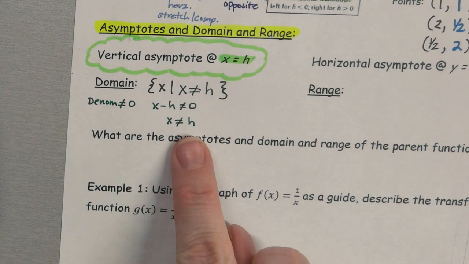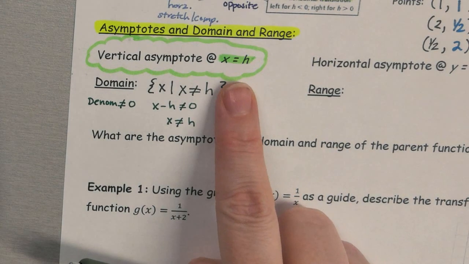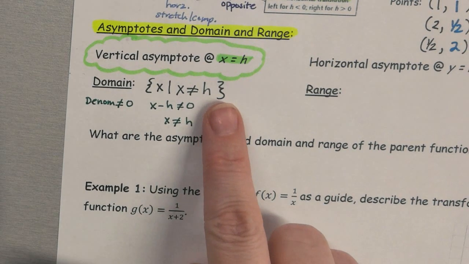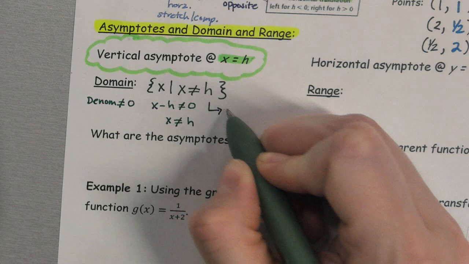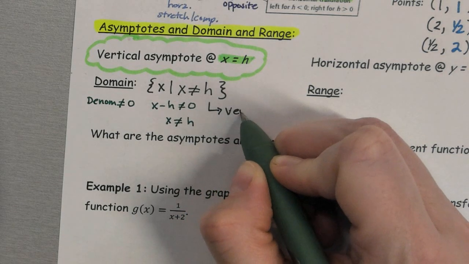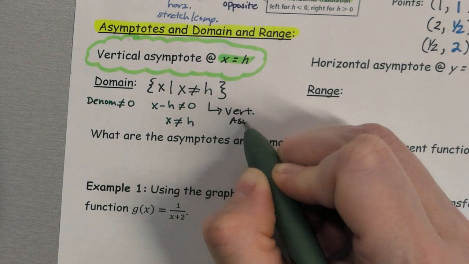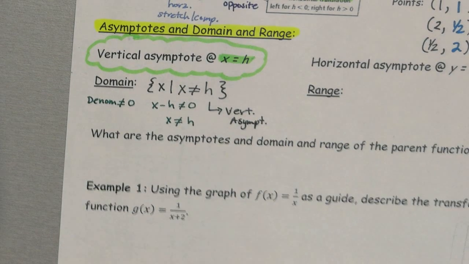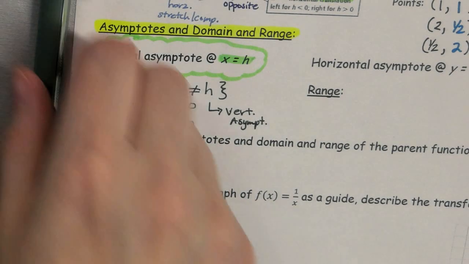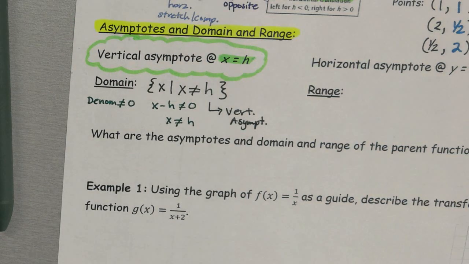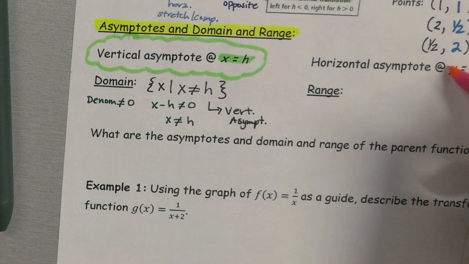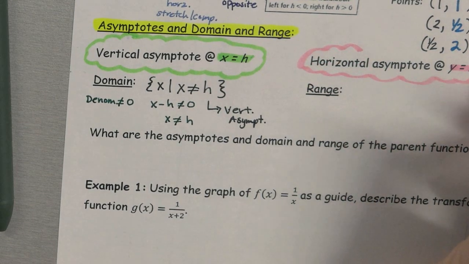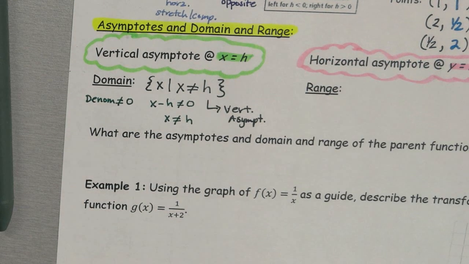Your h value is also going to be the vertical asymptote, so you can always say, oh yeah, this is the vertical asymptote, which I'll start abbreviating to VA, and the horizontal will be HA. So the horizontal asymptote is at y equals k.